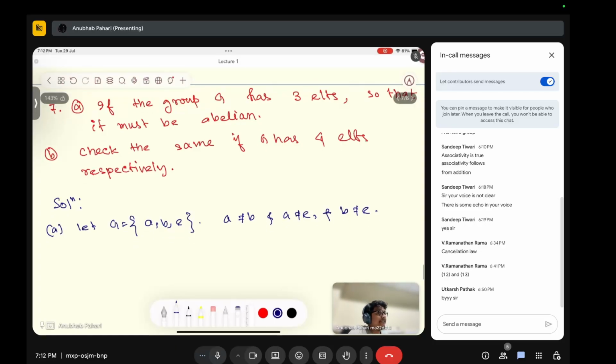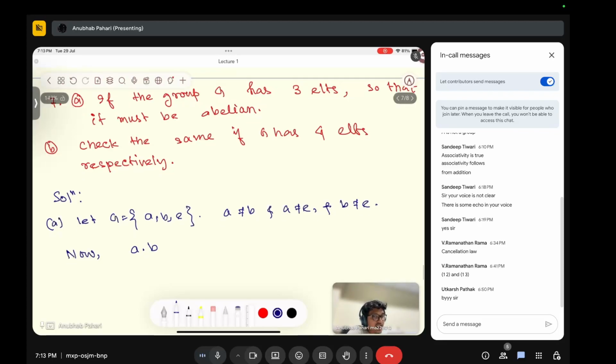Now, what about A dot B? Because it is closed under the operation, right? So it has to be one of these. If A dot B equals A, that would imply that B equals E. But this is a contradiction.